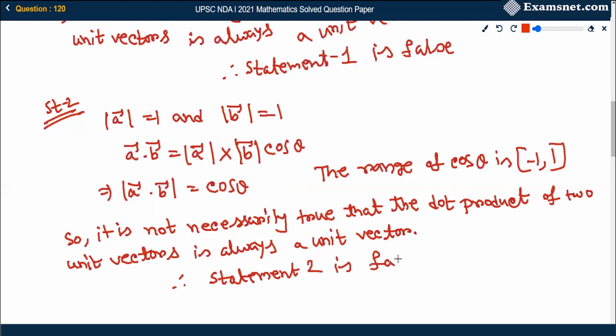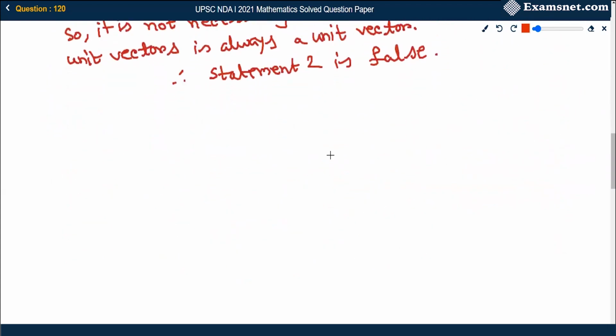Statement 2 is false, right? Now check statement 3. Statement 3 states that the magnitude of sum of two unit vectors is always greater than the magnitude of their difference. So let vector A is I cap and vector B is J cap.